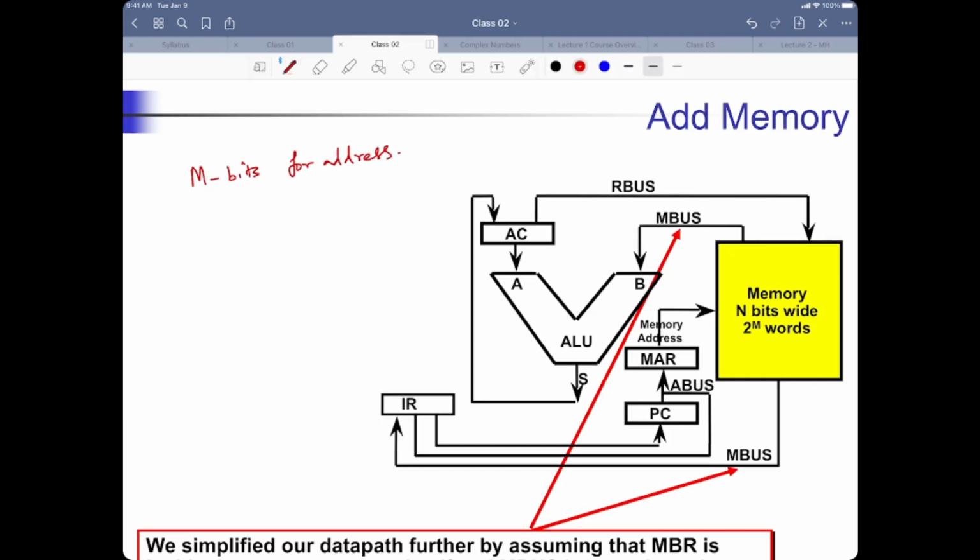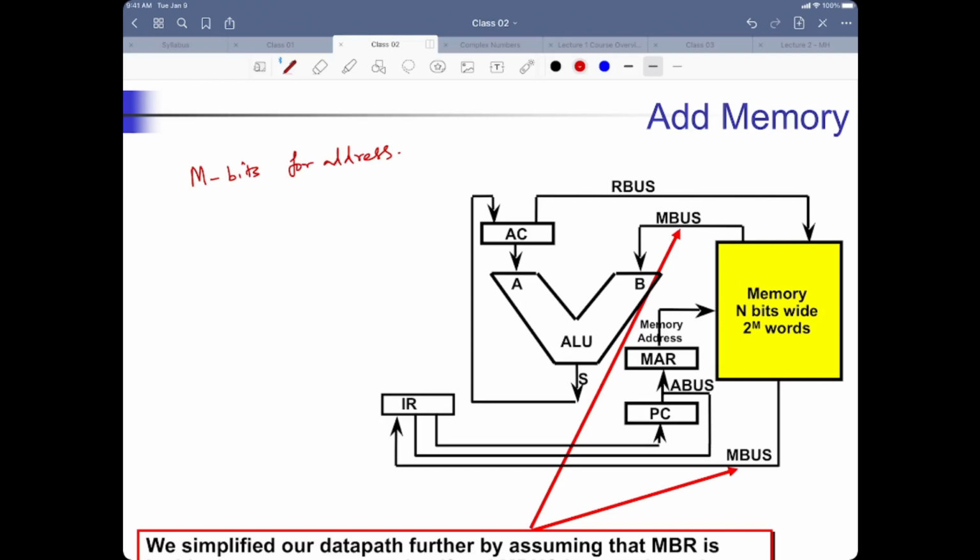Using that, you can refer to 2 raised to m such locations, right? If you have 2 bits, then you can talk about 00, 01, 10, 11, 4 locations. You have m bits for address, so you can talk about 2 raised to m words. At each location, you will have a data or instruction, whatever that is, but it has to be n bits long because data is n.